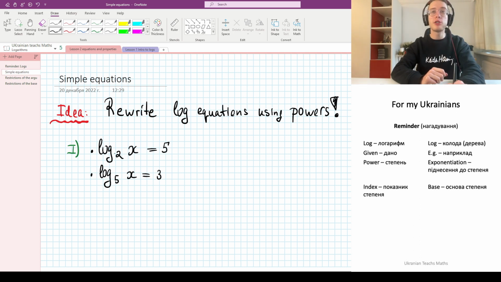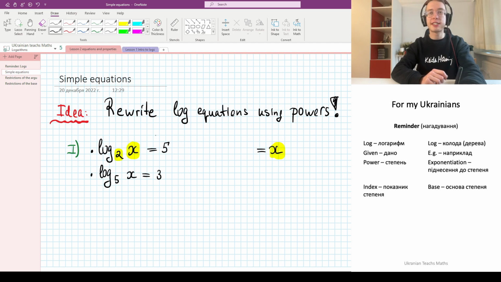So log to base 2 of x equals 5. I'm going to rewrite this using the definition of logarithm. So what does log say? I have base 2 and the result of exponentiation of x. So I have here my new equation with powers, and I have here x as a result.